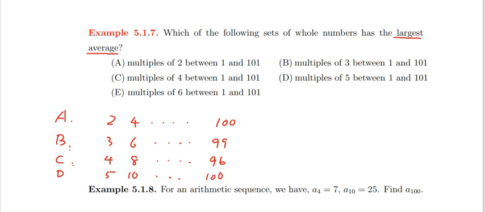And E is the multiples of 6, so 6, 12, like that, and here up to 96. Let's see, 6 times 13, oh no, 14, 15, how about 16?